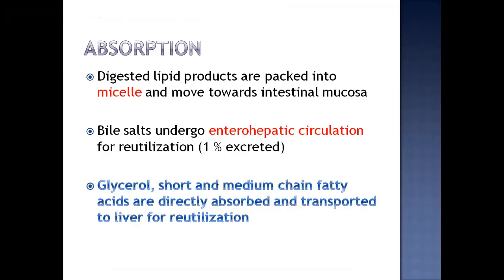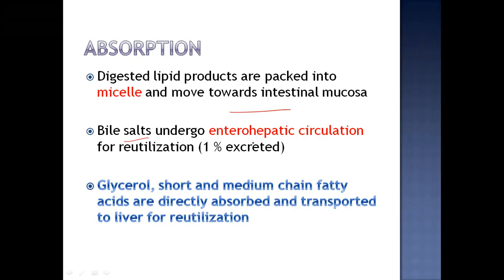Okay, fine. Now coming to the process of absorption. Absorption takes place mainly in the jejunum. Digested lipid products which are packed into the micelle will move towards the intestinal mucosa. All the digested lipid will be released except bile salts.